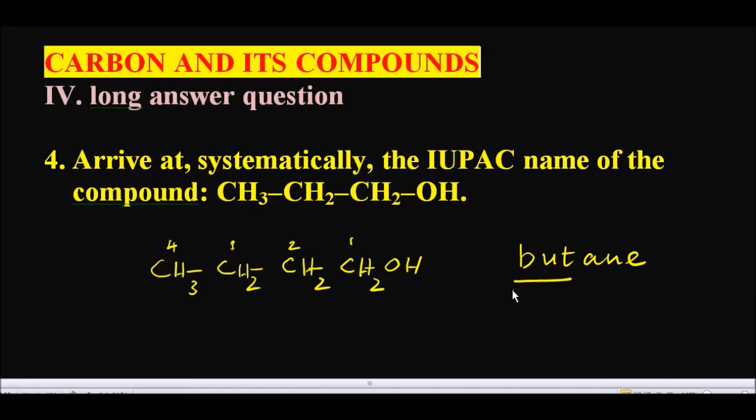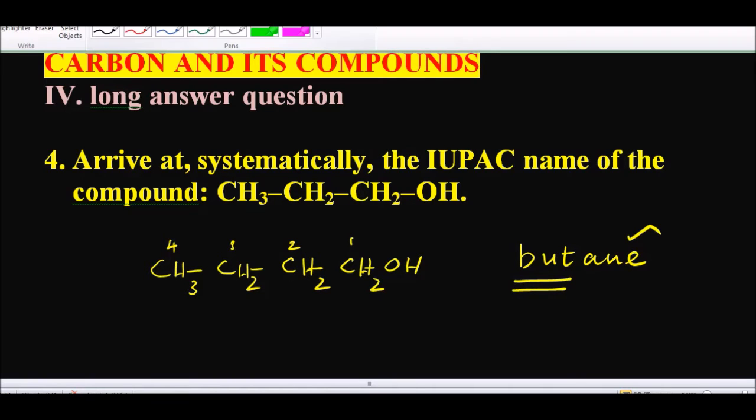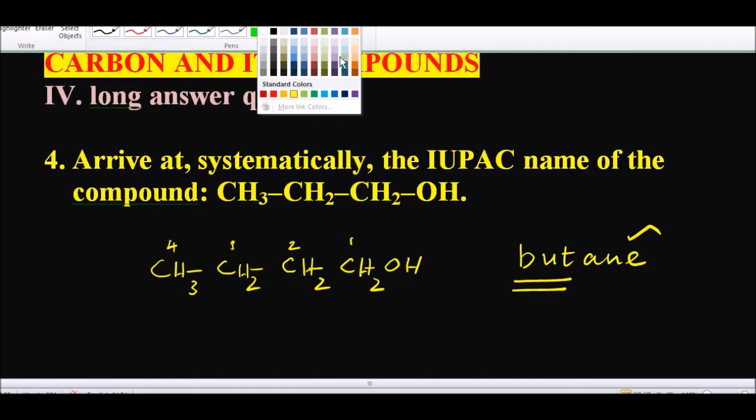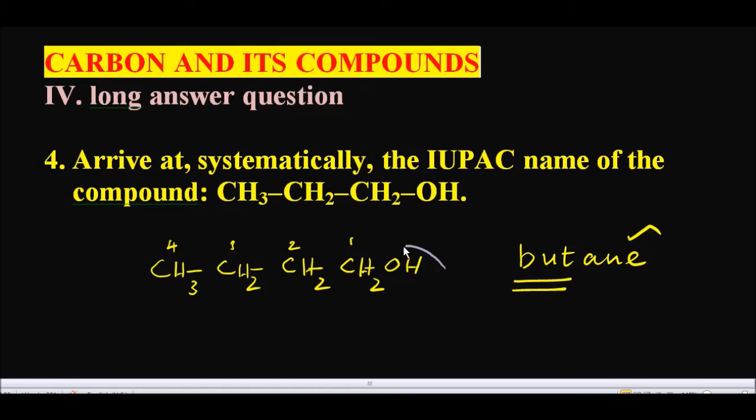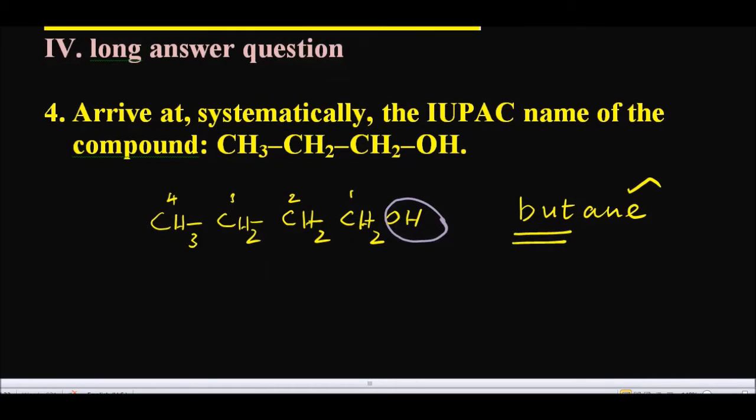The root word but is taken from butane, and this is the functional group we can find, OH. It shows that the compound is an alcohol, so in butane, the last letter E is replaced by the letters OL, and it becomes butanol.